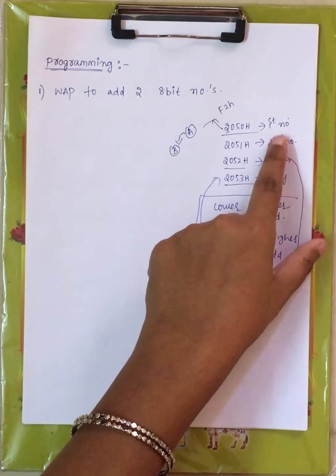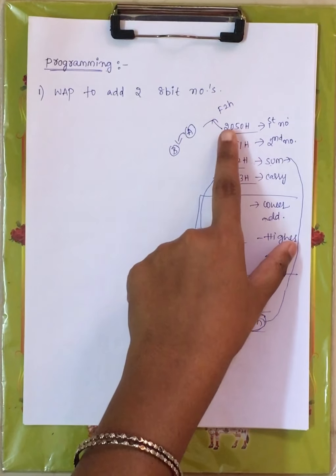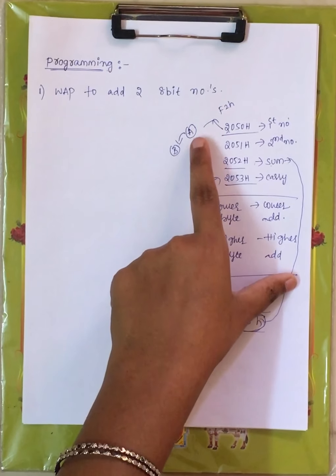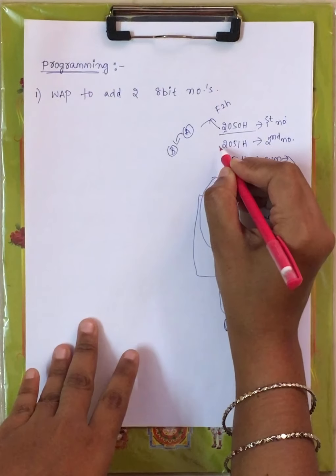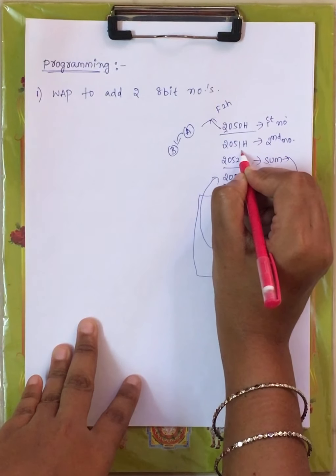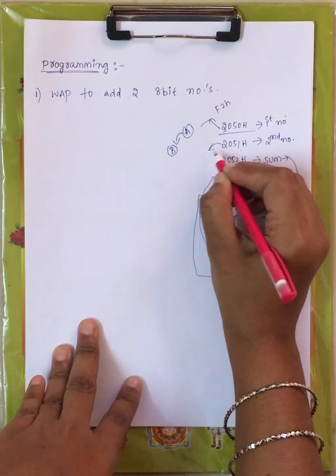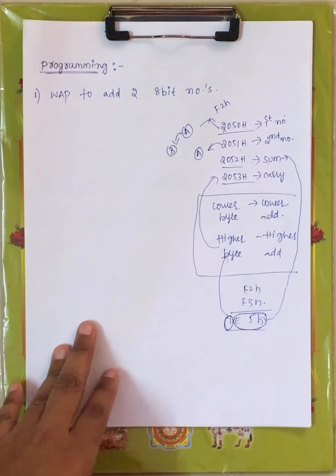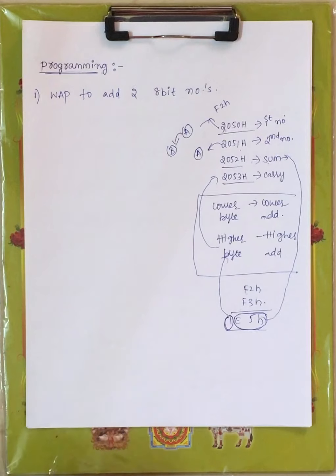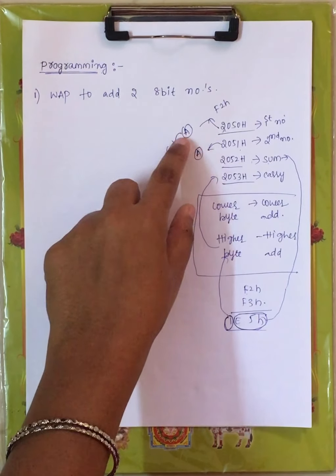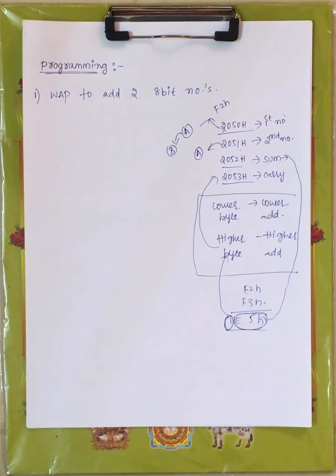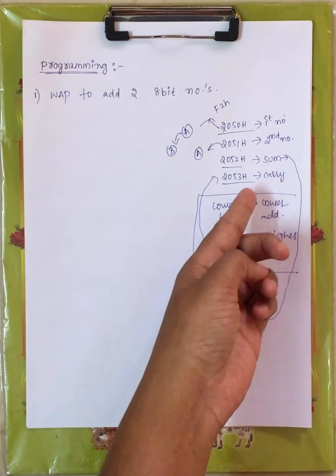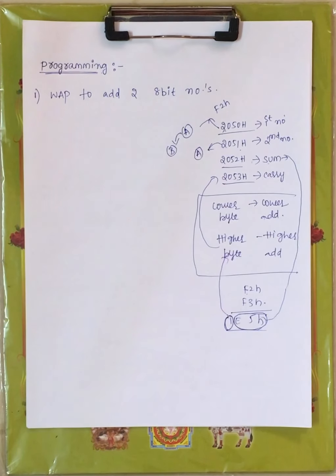Now A is free. The second number that is stored under memory location 2051H is loaded to the accumulator. Next we have to perform addition on the contents of the B register and the A register. Then the sum is stored under 2052H and the carry is stored under 2053H.